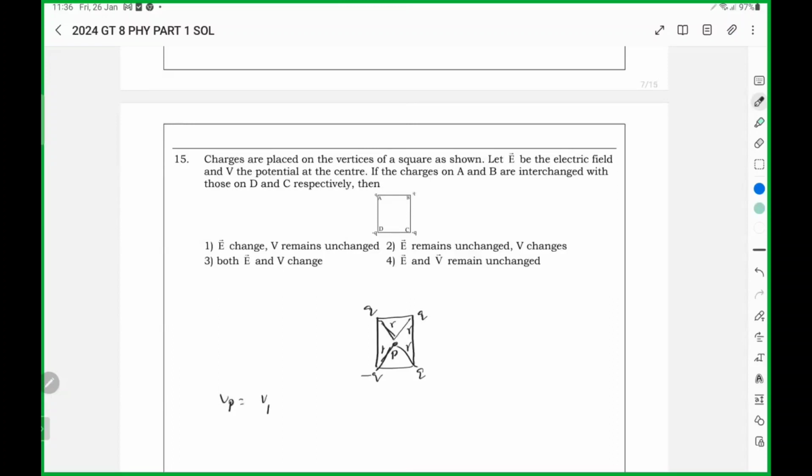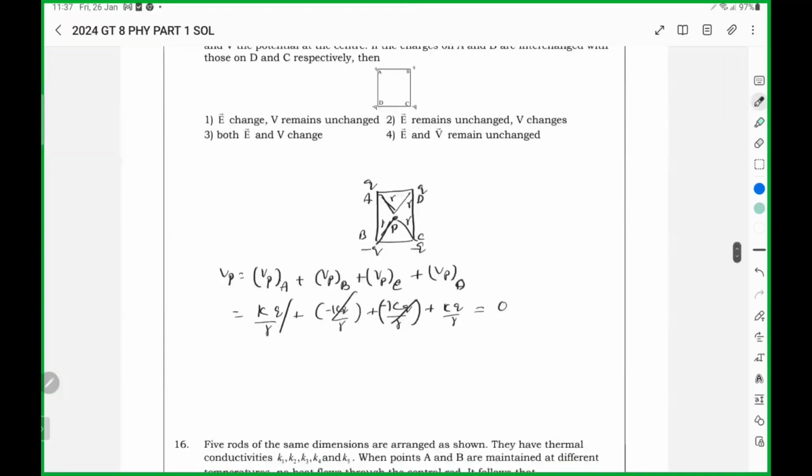Potential at P is the potential at P due to the charge present at A, at B, at C, and at D. It is nothing but KQ by R minus KQ by R. At C, it is K minus Q by R. At D, it is KQ by R. So potential at center is 0.